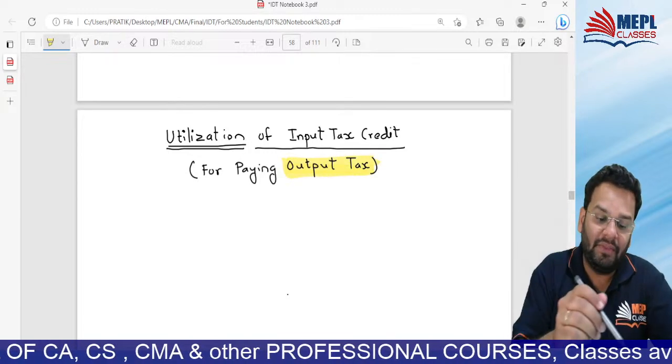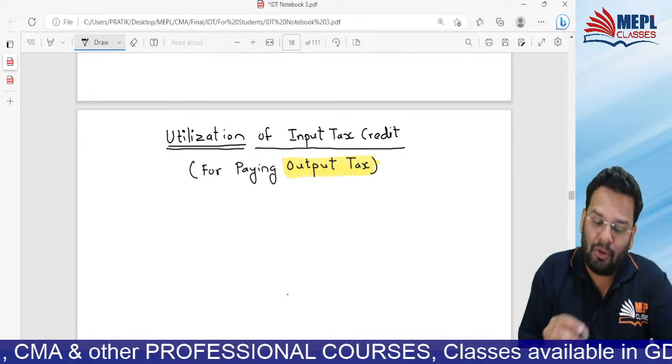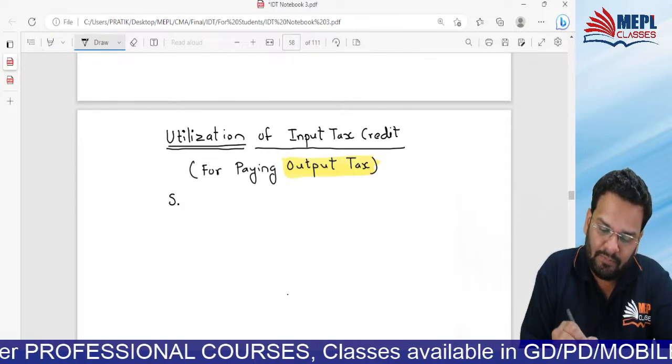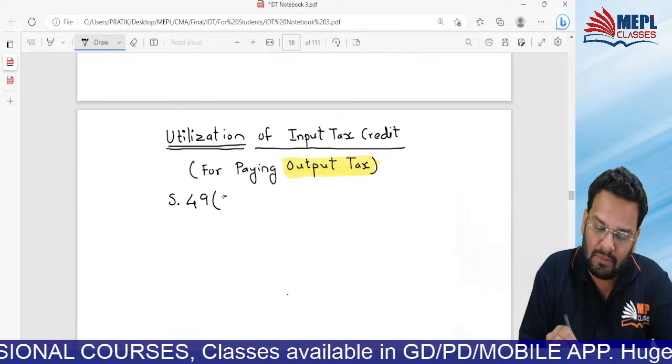Now, which section talks about this utilization of ITC? It is section 49, subsection 5.